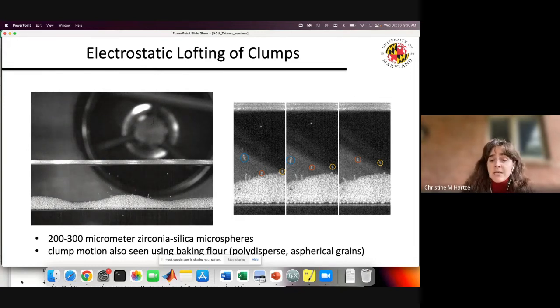However, we also see that when we use just basic baking flour, we also see clump motion in this experiment as well. So some of our future experimental work is going to analyze and compare the baking flour, which is a polydispersed aspherical mixture, to this work with the silica microspheres.